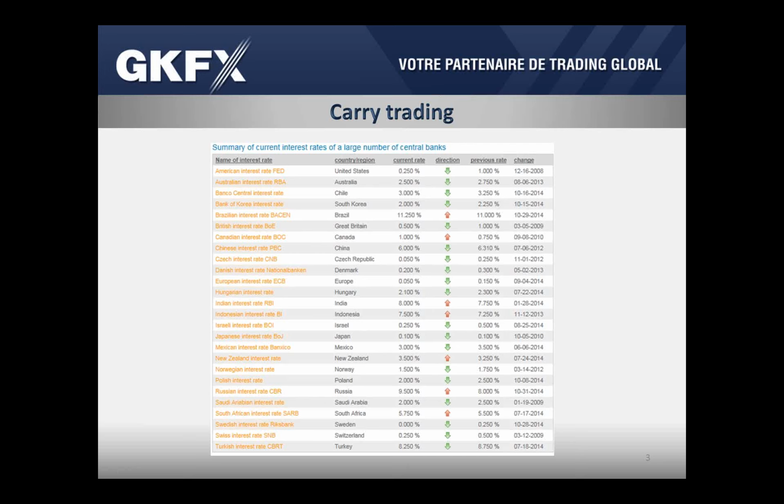On the contrary, very developed countries, which unfortunately have a quite flattish economy these days, have a very low interest rate, like the USA, Japan, Europe, and others, even Sweden. Sweden, which is a very developed country, as you can see, its rate is 0. There is no interest in investing in this currency.